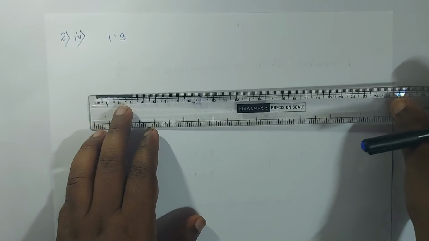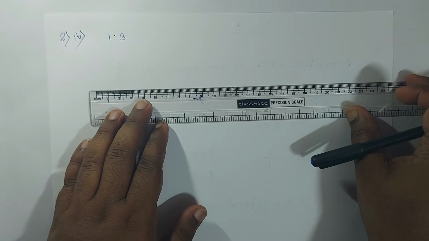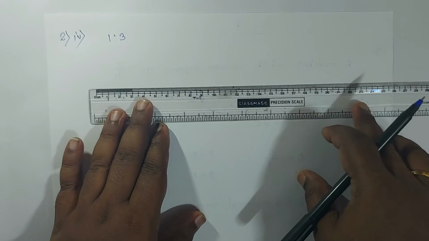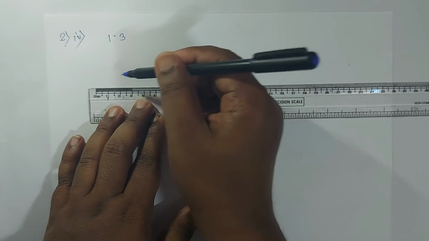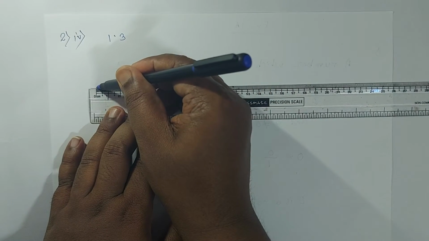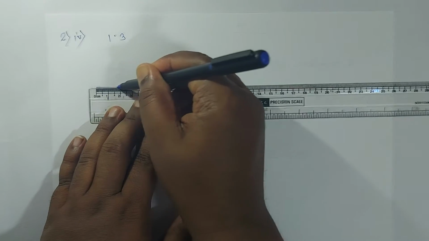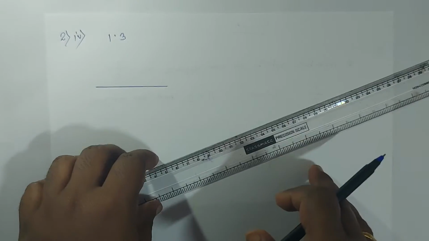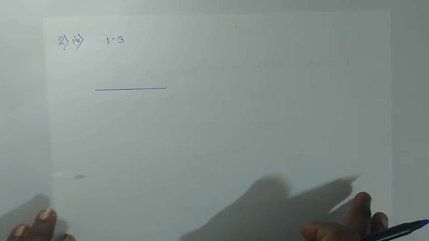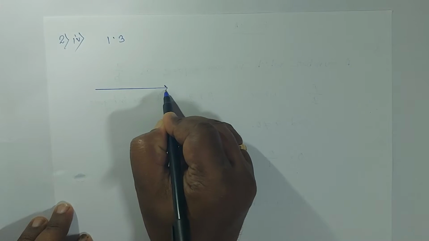So to plot 1.3 on the number line, first take the scale. I have drawn a line.